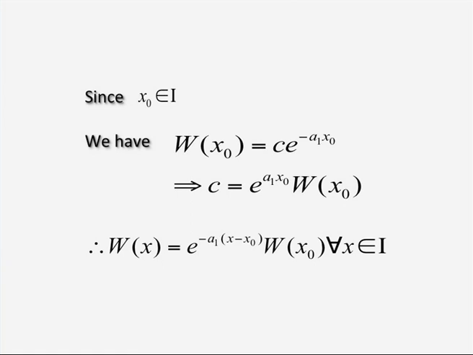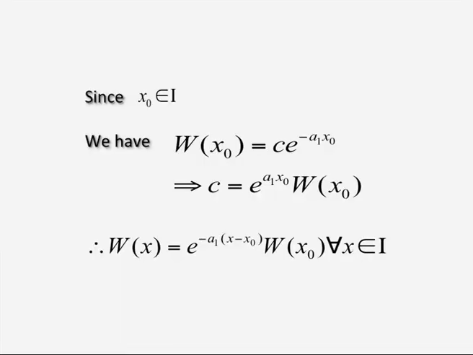Put this value of C in the general solution to avoid C and get a unique solution. That is, W of x is equal to e power minus A1 into x minus x naught into W of x naught. This is known as the Wronskian formula for two functions.